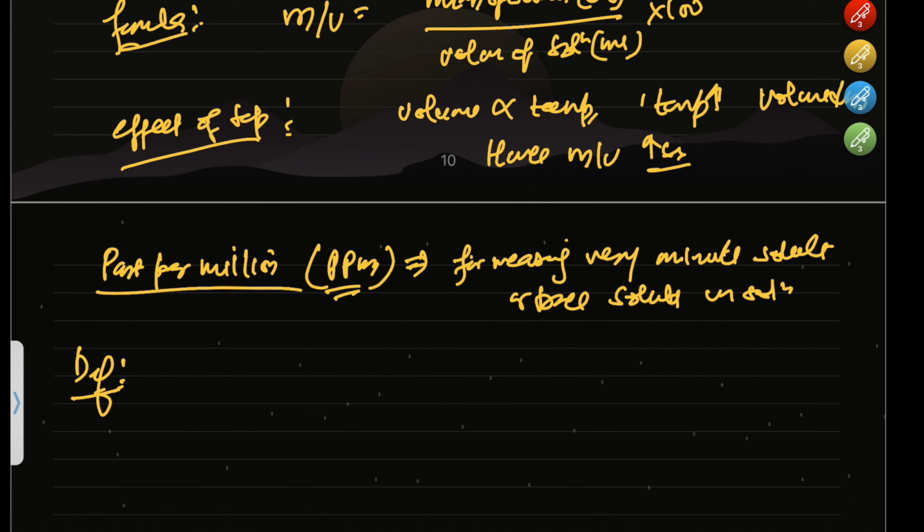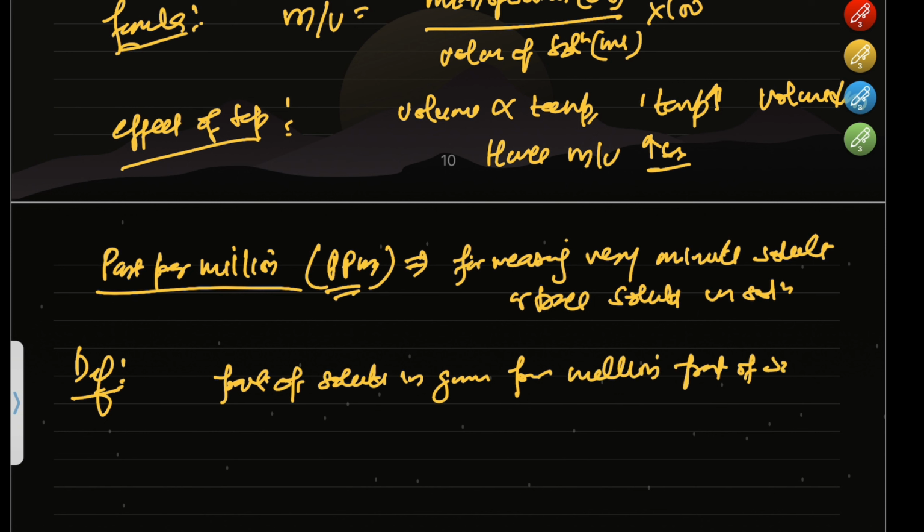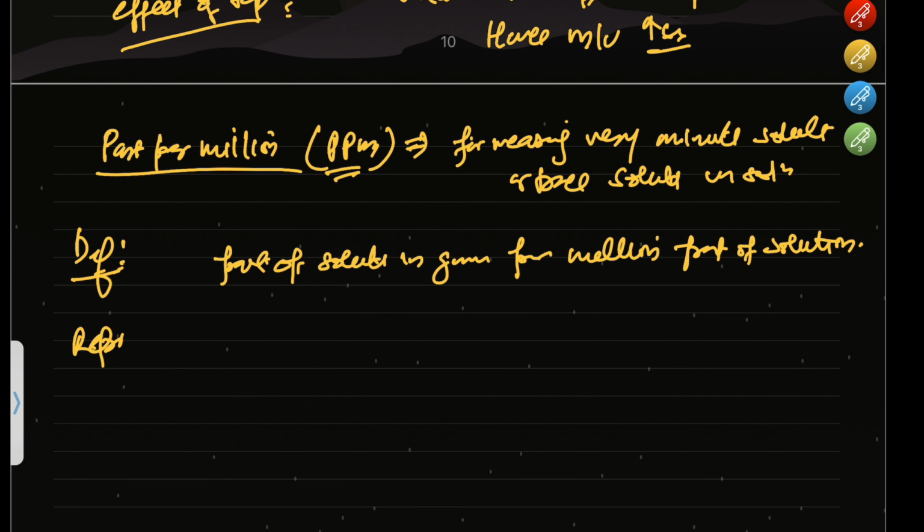Definition: part per million is parts of solute in gram per million parts of solution, represented by ppm.